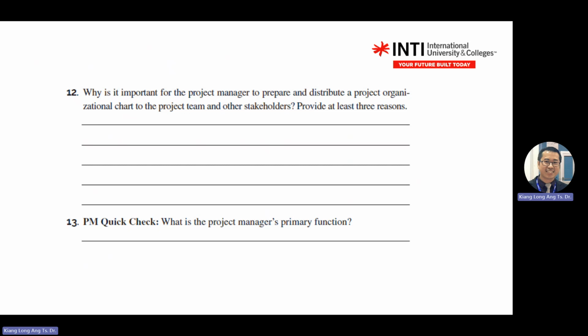You haven't touched the keyword yet. What does the organization chart link to? What else? Let's say this is CEO, this is PM, this is functional managers, this is staff. Why do you need to show this chart?